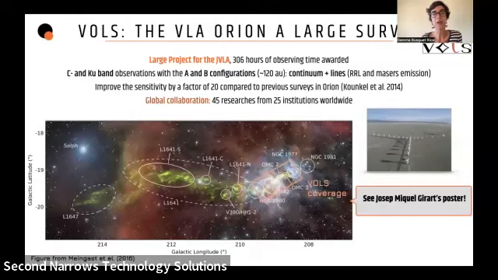We are mapping the northern part of Orion A at 2 different frequencies, C-band and Ku band, with the A and B configurations, and not only in the continuum, but also in spectral lines, including radio recombination lines and maser emission, and also in polarization mode. You can also go and see Josep Miquel Girart's poster to find out more about the VOLS project.